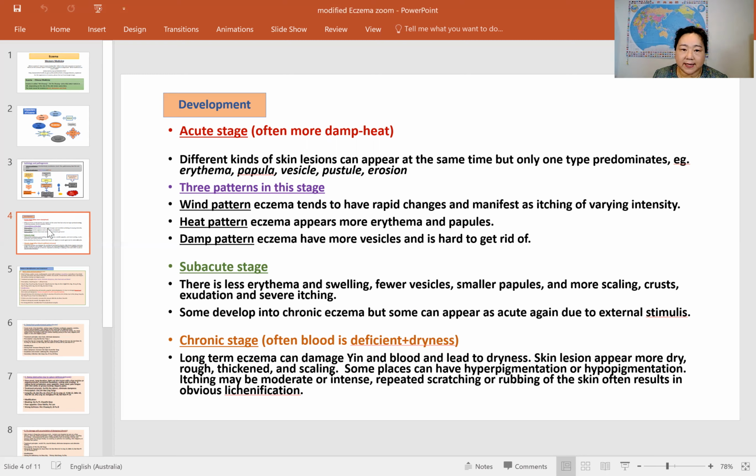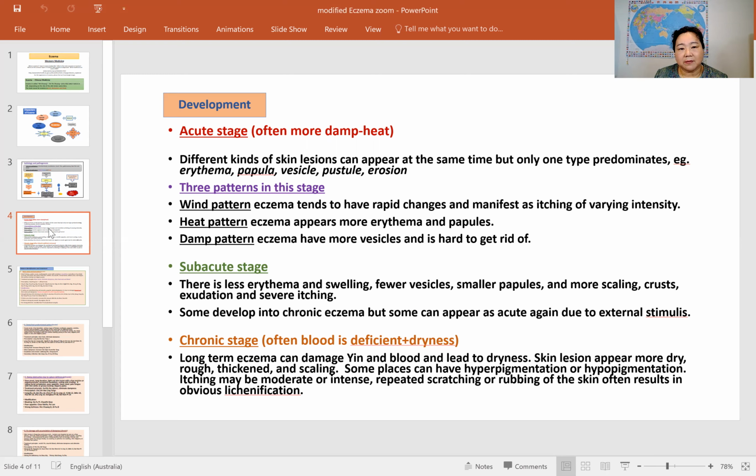The chronic stage often has blood deficiency and dryness after long-term skin disease. Long-term eczema can damage yin and blood, leading to dryness.